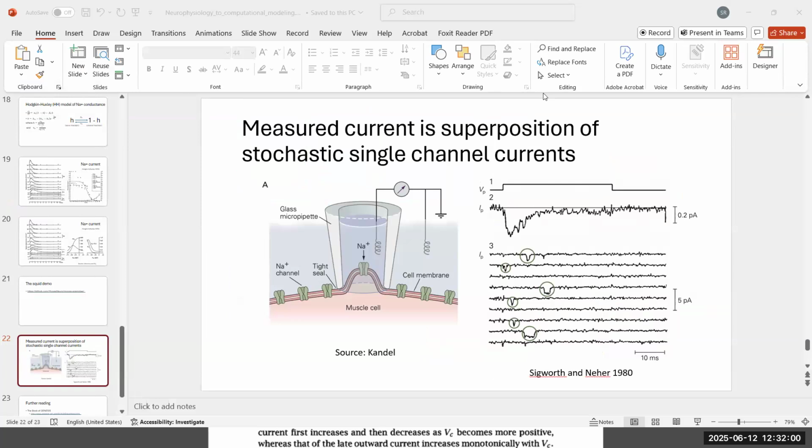So it is a combined effect. Actually, individual ion channels are stochastic. That is why we call m and h probabilities. They can open stochastically, and people do patch clamp for single channel recording, where you can measure the current from a single ion channel. And again, it shows that Hodgkin and Huxley's derivation was correct. They really made a very good guess about the physics of the system.